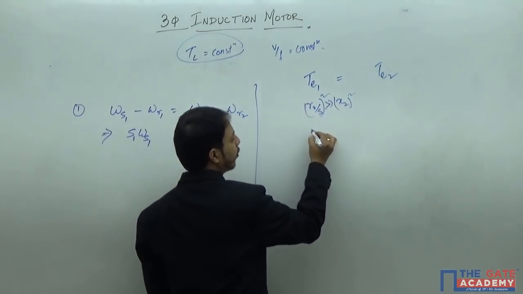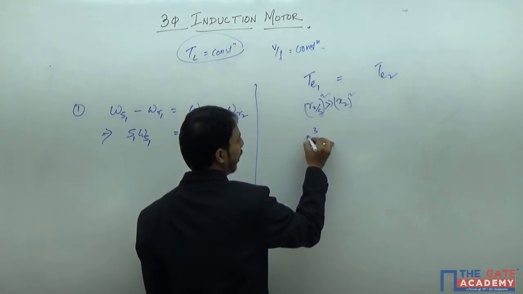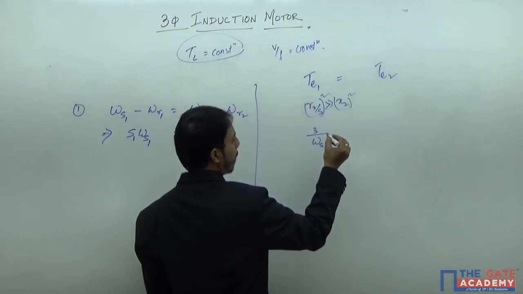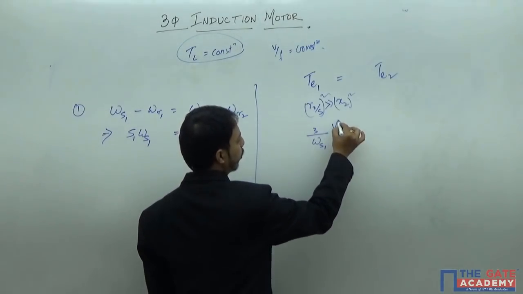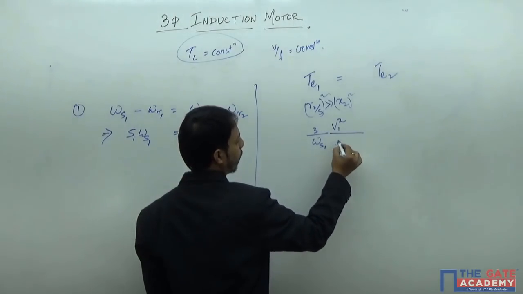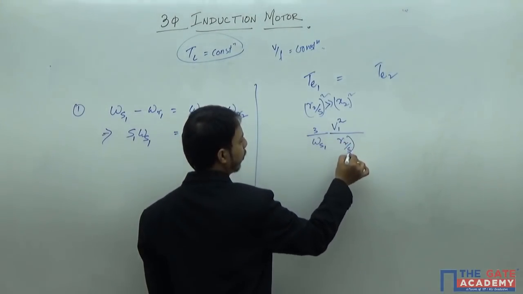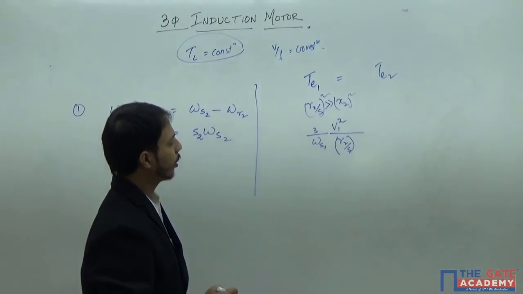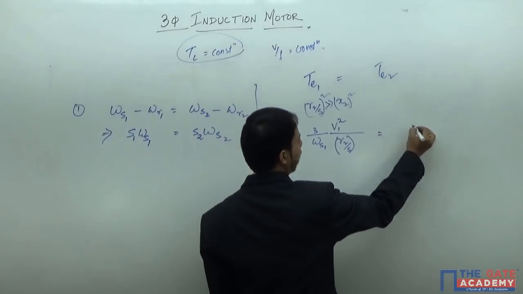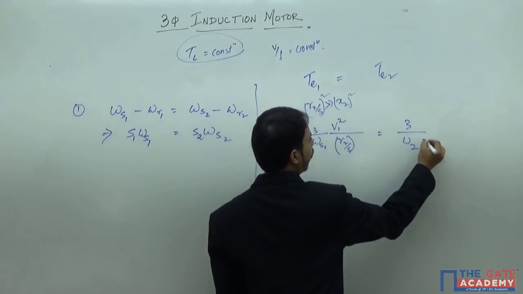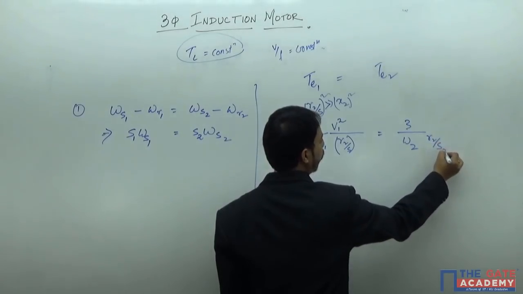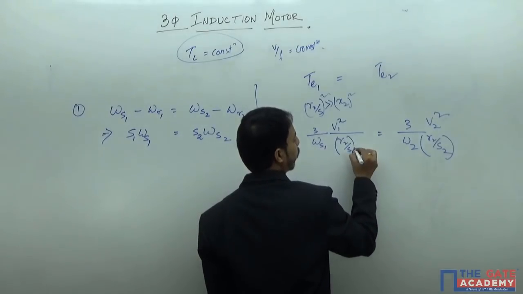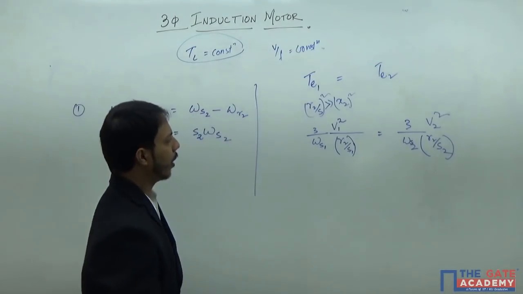So I can say this becomes 3 omega S1, V1 square, R2 by S whole square is cancelled. Okay, so this is T1, and on this side I also will have 3 omega S2, R2 by S2, V2 square. This is S1, omega S1 and omega S2.